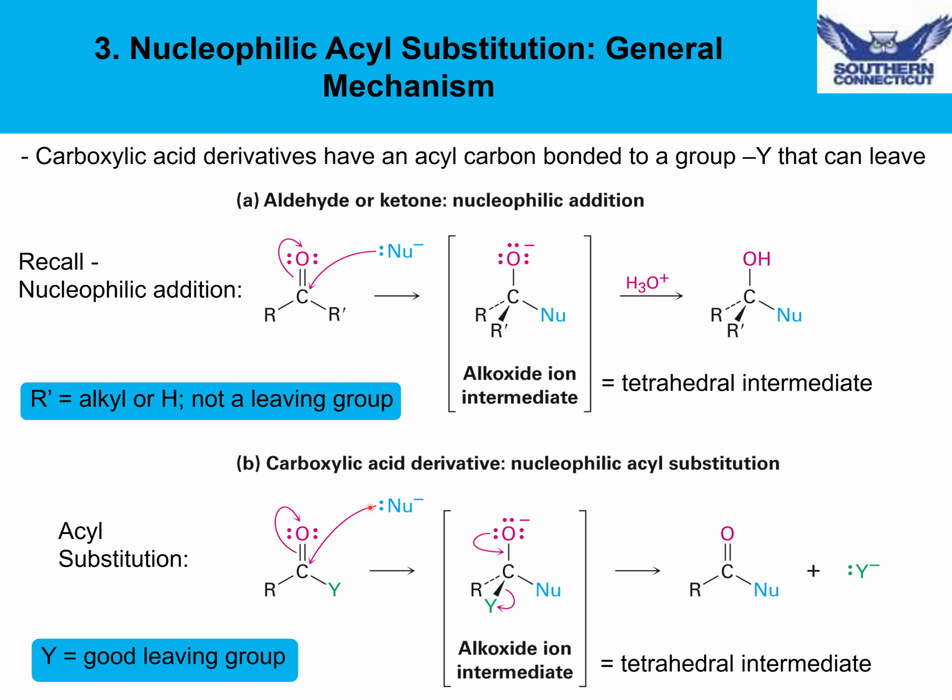A nucleophile adds to the carbonyl, breaking the double bond to get to the alkoxide intermediate, or what we call the tetrahedral intermediate. Then this alkoxide intermediate will reform the carbonyl by eliminating whatever the leaving group is on the acid derivative. As a result, this reaction is a substitution reaction where the nucleophile is replacing whatever the leaving group is on the acid derivative.